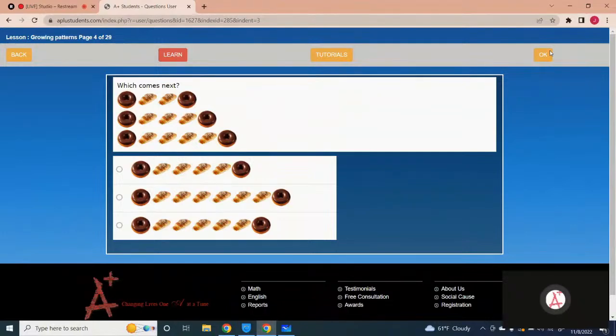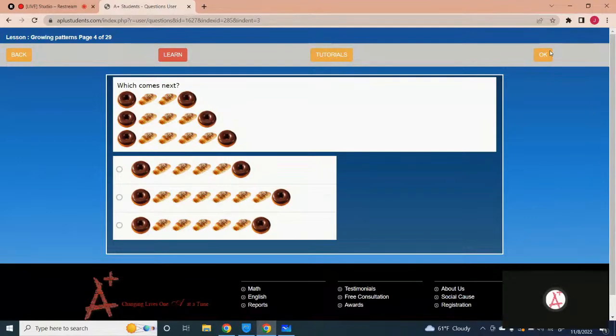Okay, good. The next one is which comes next? You have two of the donuts and two of the buns. For the second one, you are starting with donut and ending with donut, but you have three of the buns. For the next time, you are starting with donut, ending with donut. You have four of the buns. So which is the correct option? The next one is, you are starting and ending with donuts and you have five of the buns.